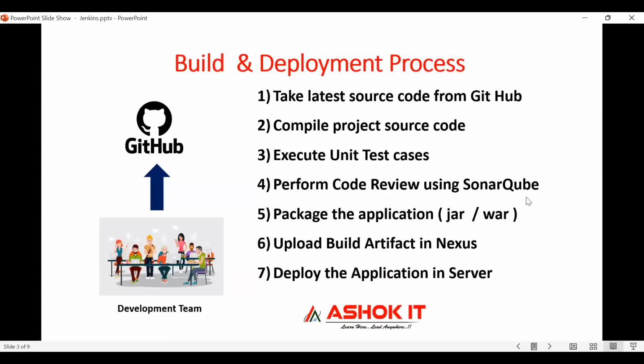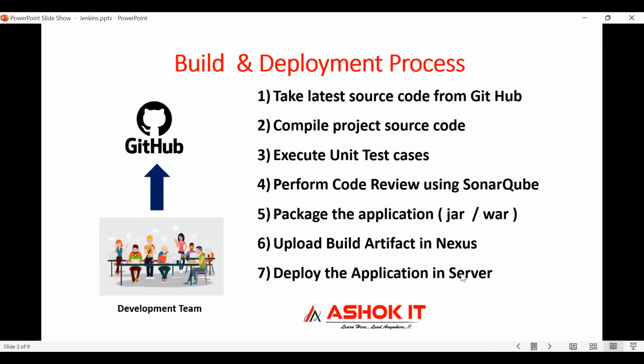See here, the development team will write the code and keep the code in GitHub. Then the operations team is responsible to perform these operations. This is called the build and deployment process. Take the latest source code from GitHub, compile the project source code, execute unit test cases, perform the code review using SonarQube, package the application as a jar file or war file, then upload that artifact into the Nexus server, then deploy the application in the server.